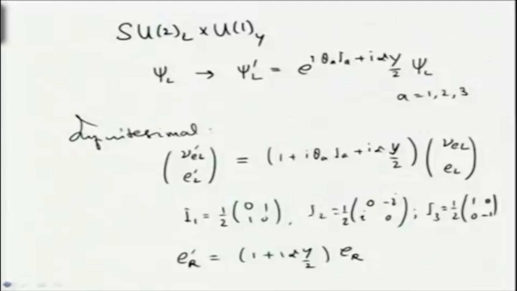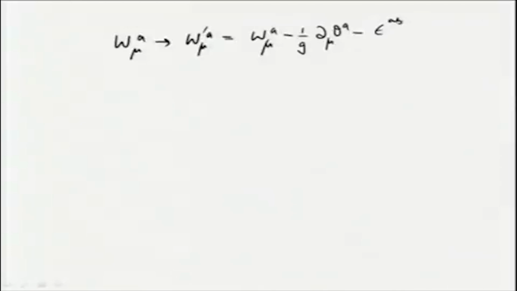Now, we said how the fields transform here. The W's transform like W_μ^A goes to W_μ^A' = W_μ^A − (1/g) ∂_μ θ^A − ε^{ABC} θ^B W_μ^C. B_μ goes to B_μ' = B_μ − (1/g') ∂_μ α.